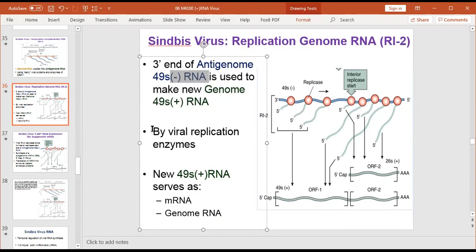The anti-genome uses viral replication enzymes to make the positive RNA genome, and the newly synthesized positive RNA genome again serves 2 purposes: messenger RNA for translation into the proteins, as we discussed in the previous couple of slides, as well as being used as the genome for new virions or viral particles. This is the early gene expression, then replication of the genome.